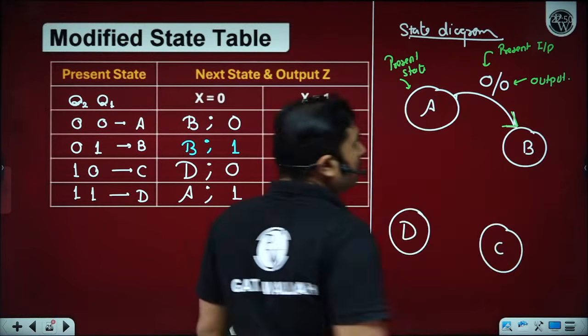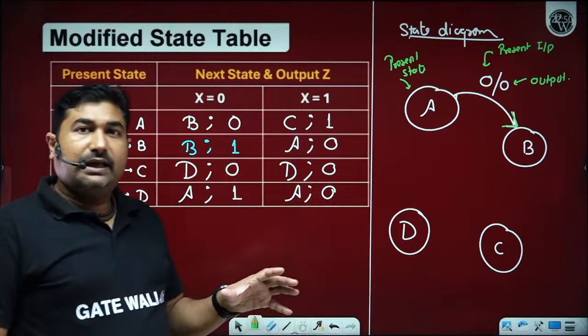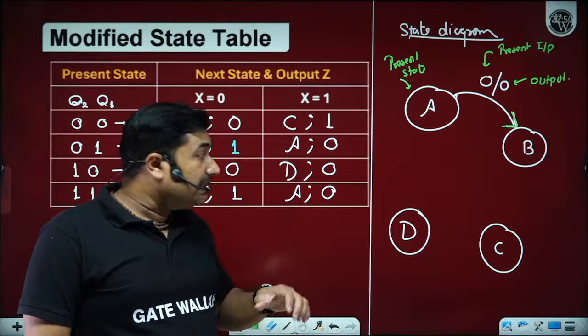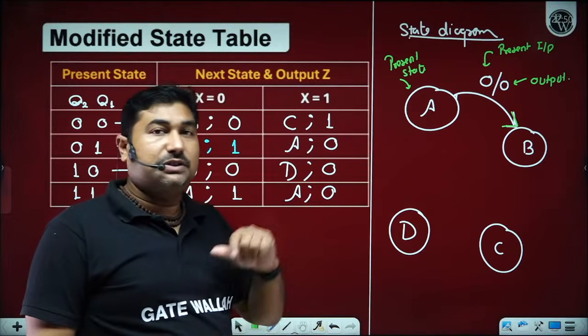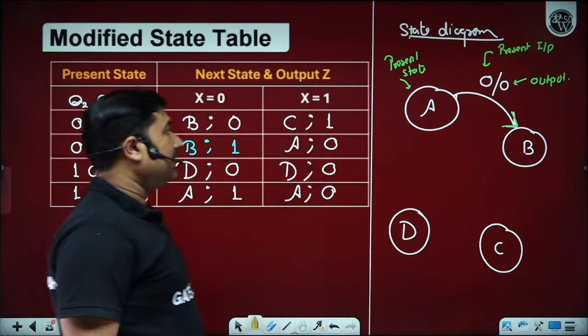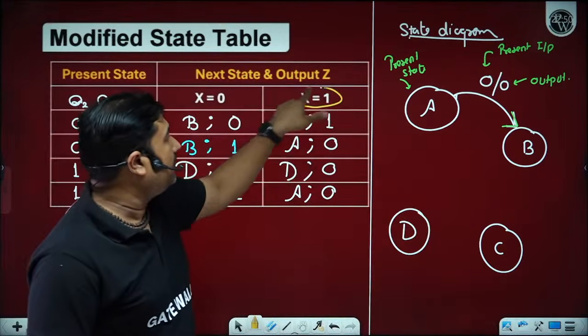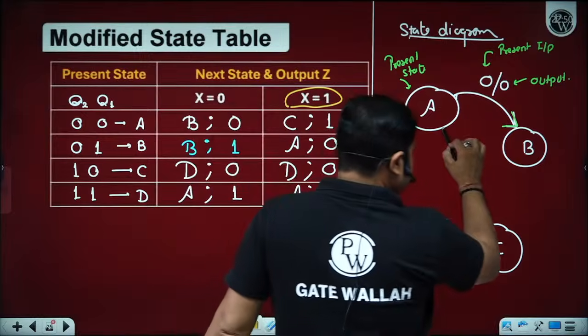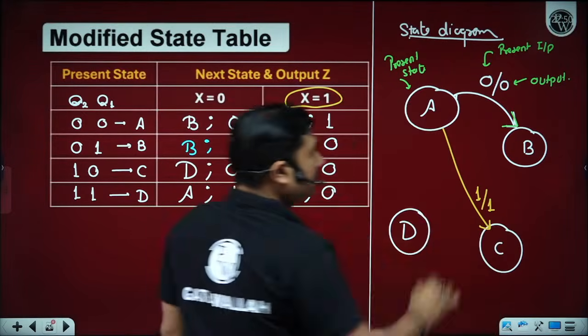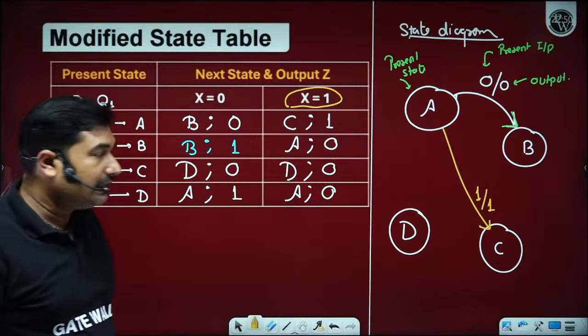So if you are on state A and input x is equals to 0, then next state will become B and output 0. If you are on state A and x is equals to 1 appears, then next state is C and output 1. Is it okay? Yes, sir.